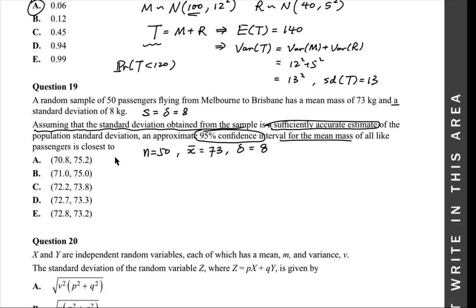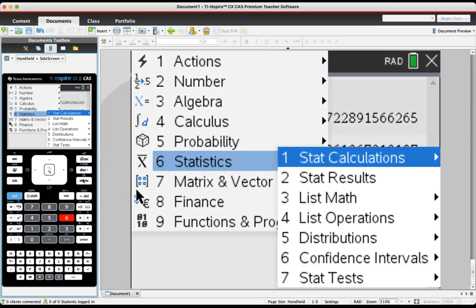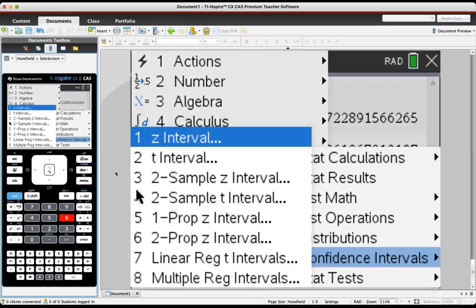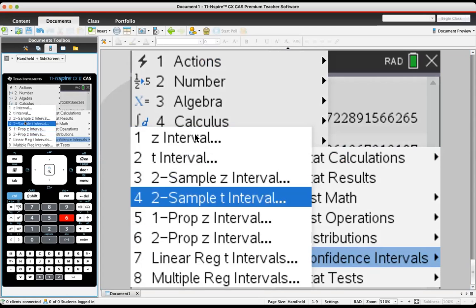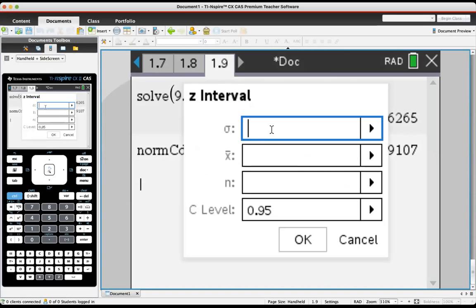Right, I don't think I need to formulate the calculation here. Just go for the CAS calculator. Menu, 6, 6, 1 is for the z interval, 6, 6, 5 is for the method, all right? Almost always change your data input method to stats, okay? And press OK. Sigma is your 8, x bar is 73, n value is 50 passengers. C level, because we want 95%, we don't need to change that.